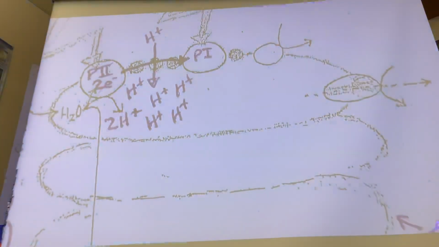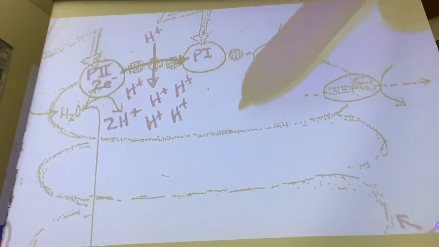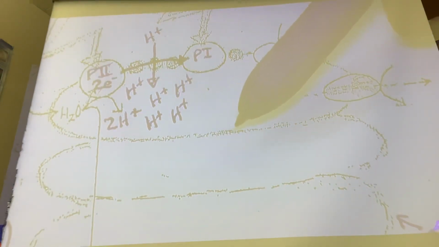So I'm pulling protons in. So I get a proton, electron, proton, proton, proton. So I'm building up a concentration gradient of protons every time.